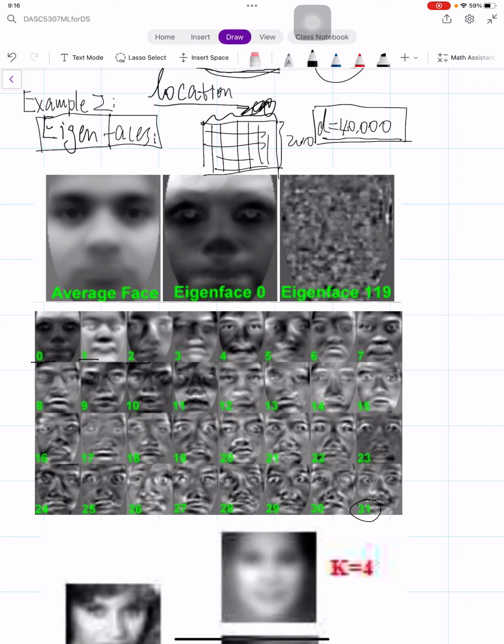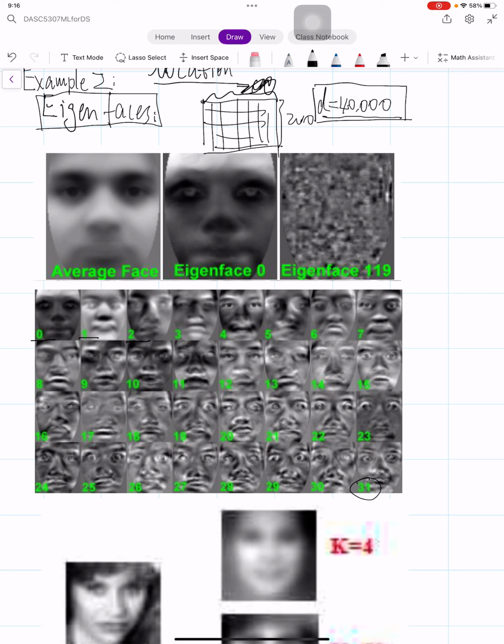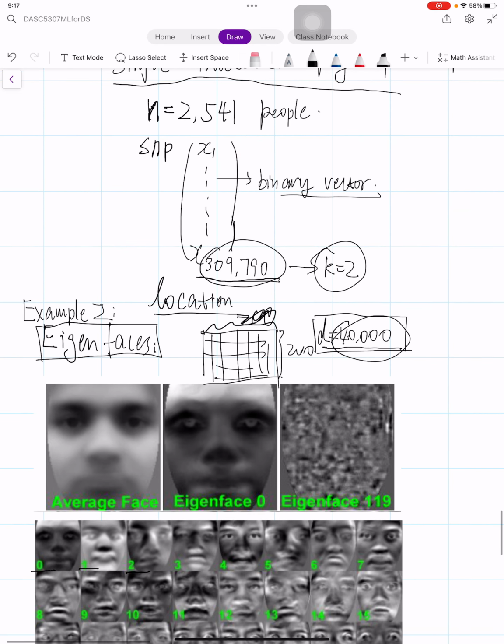Actually, we can use these loading vector pictures. By using the 31 features only, we can do the face recognition job pretty well, instead of using the 40,000 features. Okay, so this is another application of the PCA.